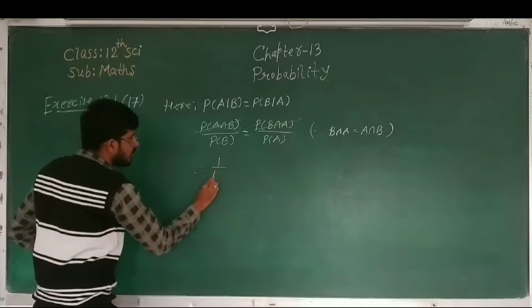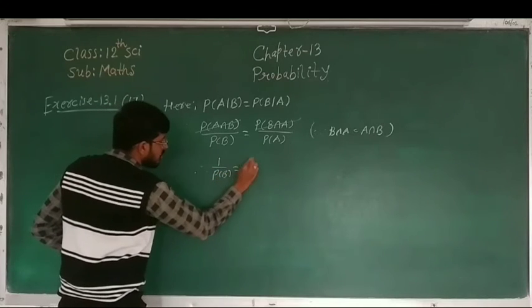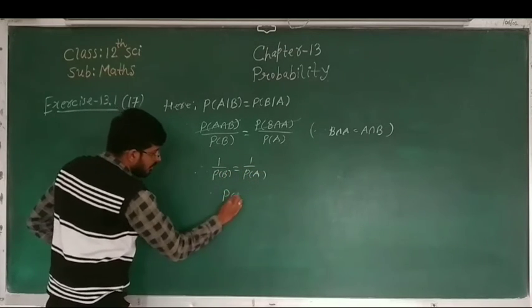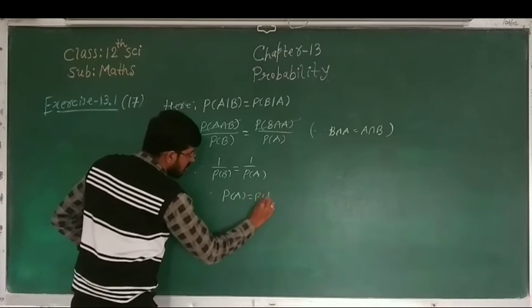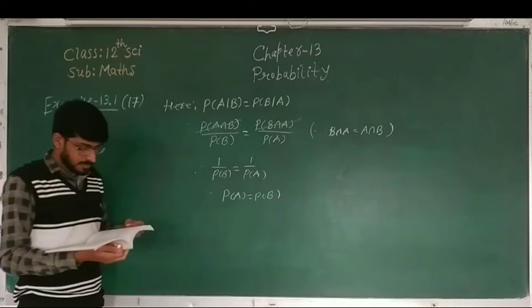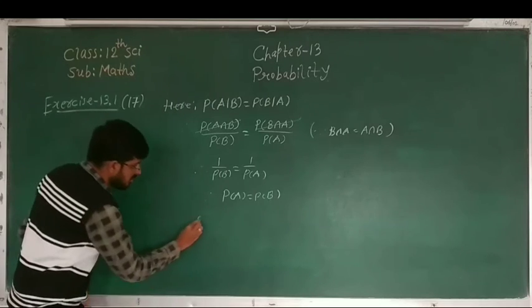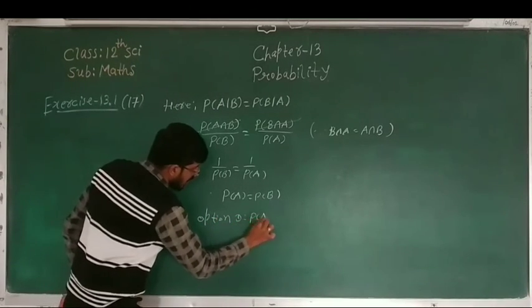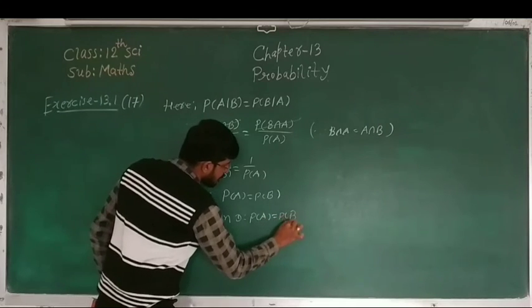So we can write 1 upon P of B is equal to 1 upon P of A. Now taking the cross product, we get P of A is equal to P of B. So option D is the answer: P of A is equal to P of B.